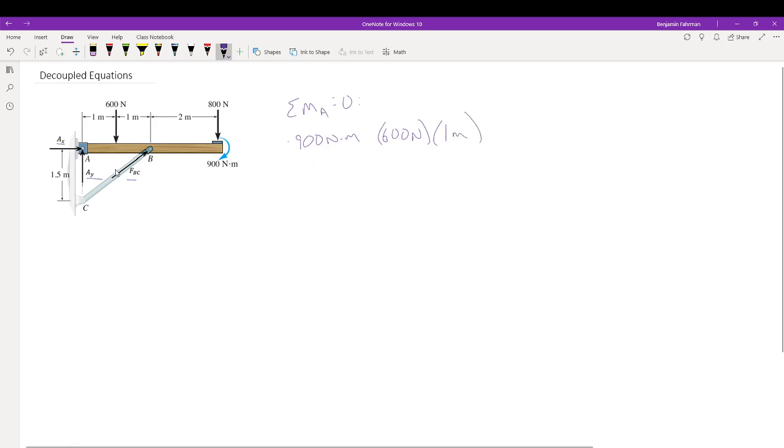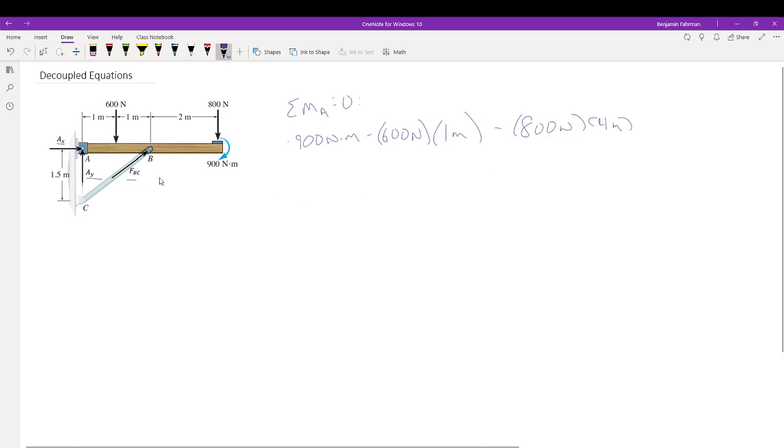And that again would be causing a tendency to rotate clockwise, so it is negative. And then we also have this 800 Newton force that is acting 4 meters away. Also negative because it's also causing a tendency to rotate clockwise.